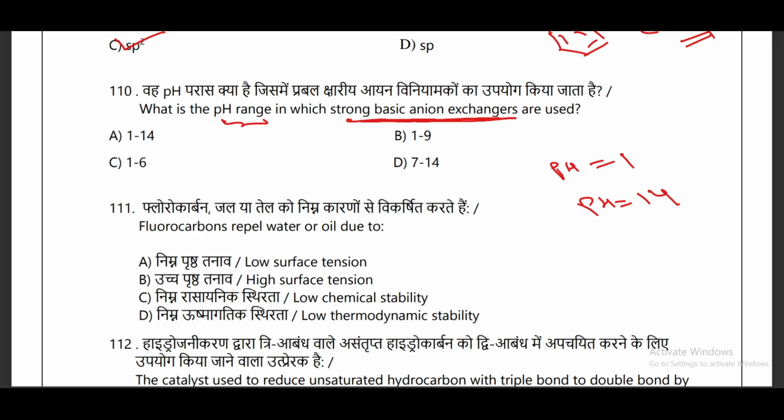This makes them versatile for various applications like water treatment, chemical processing and other industrial applications. So you will pick a range of pH within the range of 1 to 14, which is in A option. So A option is your correct answer in this question.